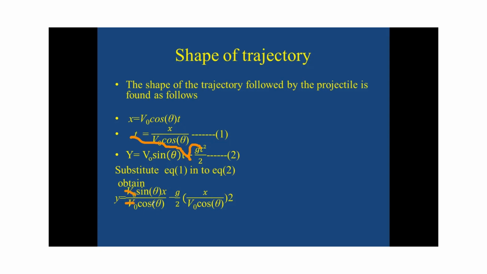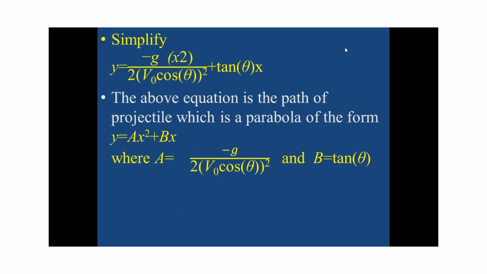Sin theta over cos theta is tan theta, which gives tan theta x, and minus g x squared over 2 times v naught squared cos squared theta, which gives this equation.